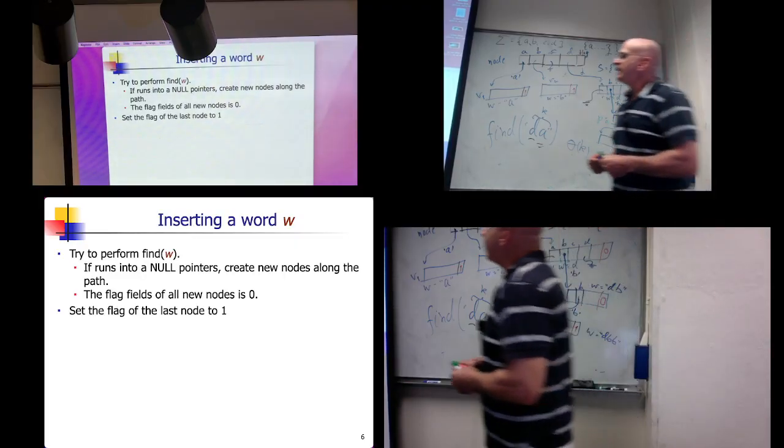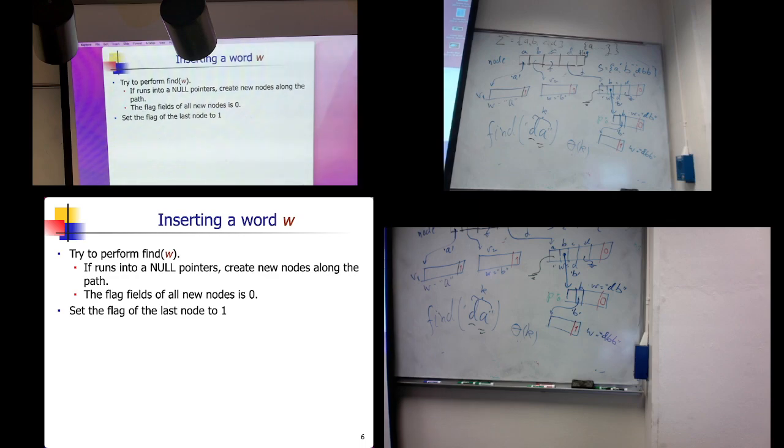How do I insert a word W? I'm performing find of this word. If I find W and it's actually in the dictionary, then I don't reinsert it. I don't double insert it, obviously.